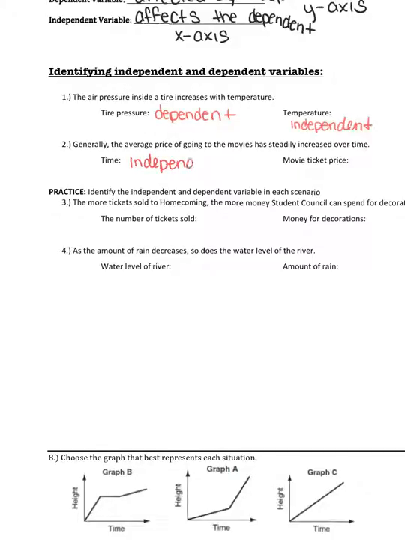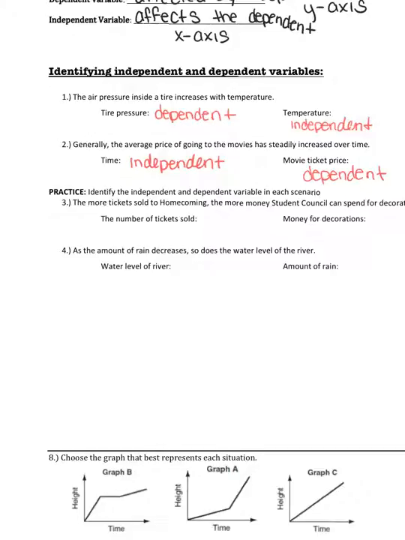And then your movie ticket price is the dependent. It literally depends on what time. Even today, you can go to an early movie time and it's cheaper, and if you go later, it's more expensive. So try number 3 and 4 on your own.